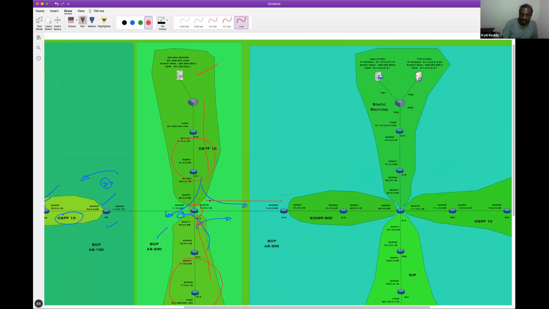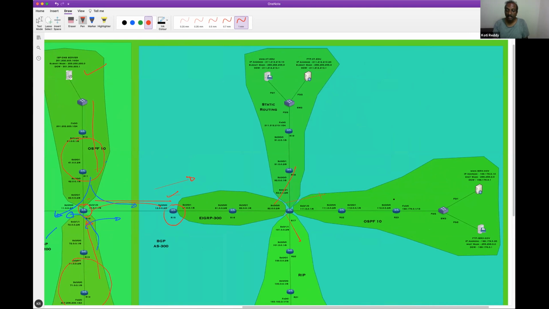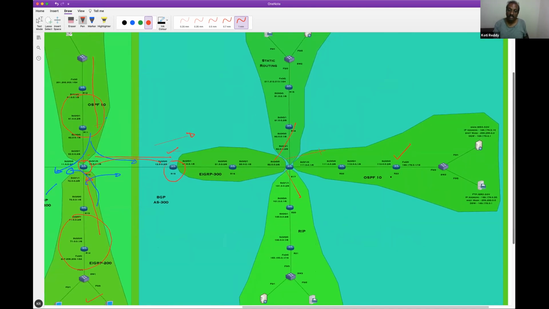Yes, since BGP is already going to R15. We already configured from BGP into EIGRP, and from EIGRP into OSPF and also EIGRP into RIP, right? So these ISP2 routes would have already come till R23, the OSPF router in ISP3.